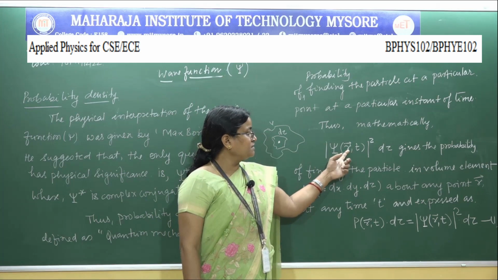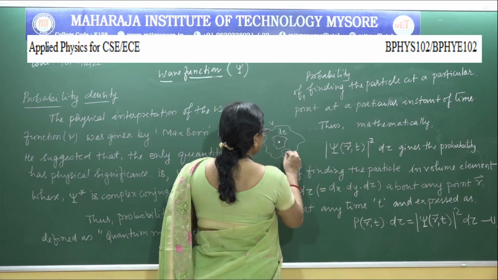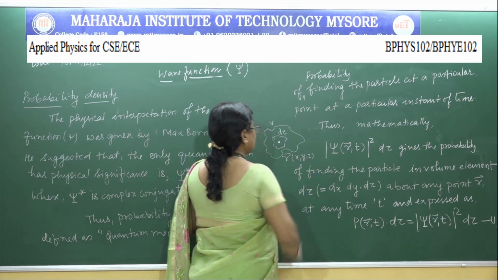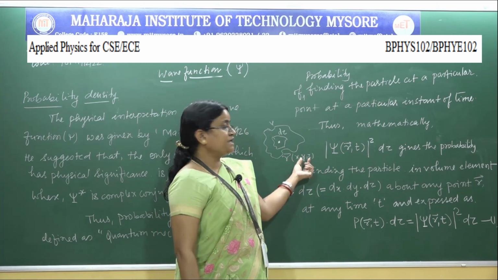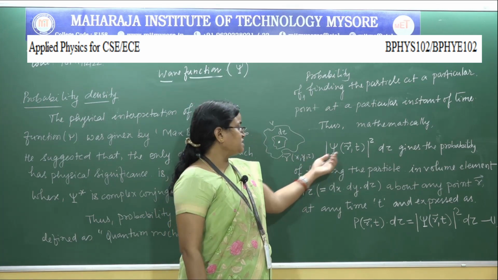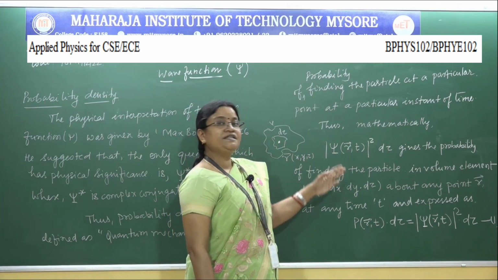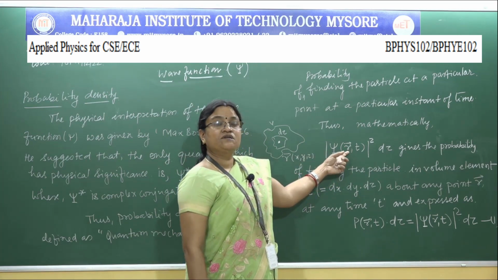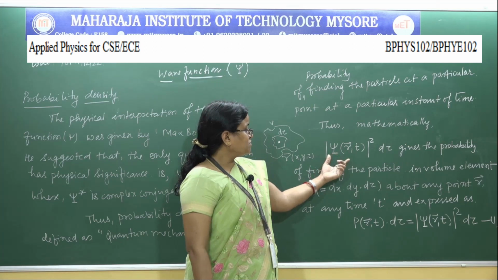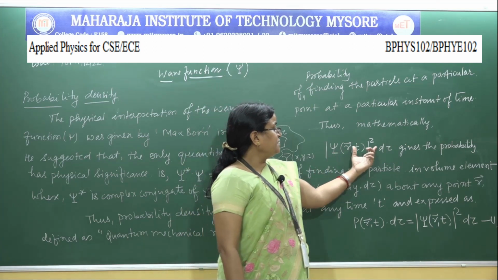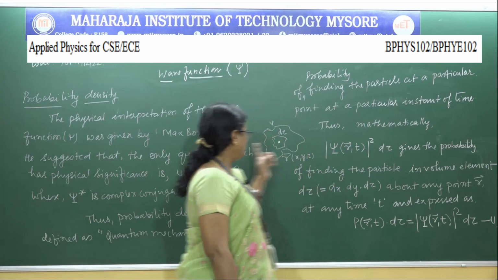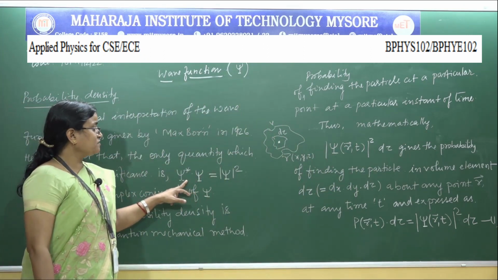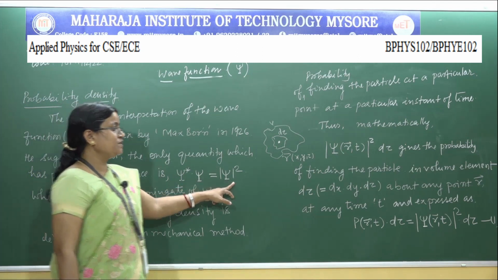Psi of r, t. Now this r denotes the x, y and z coordinates; r denotes the location in space. So psi of r, t square, when you take the complex conjugate of psi, is equal to psi square.